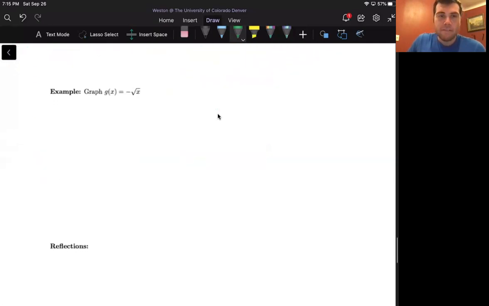Now, what if we have the negative sign on the outside of the function instead of in with the argument of the function? So we have the negative square root of x instead of the square root of -x.